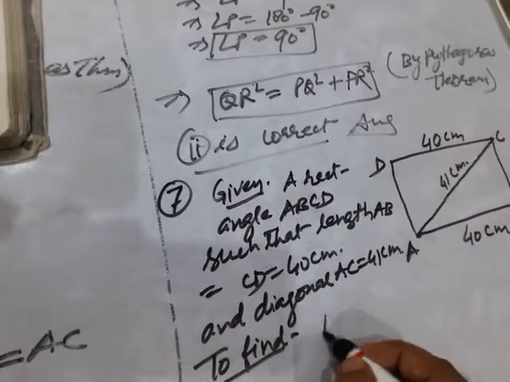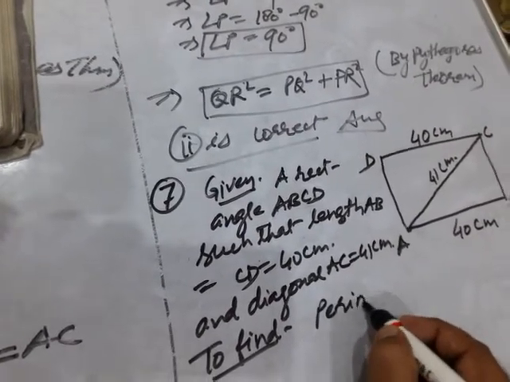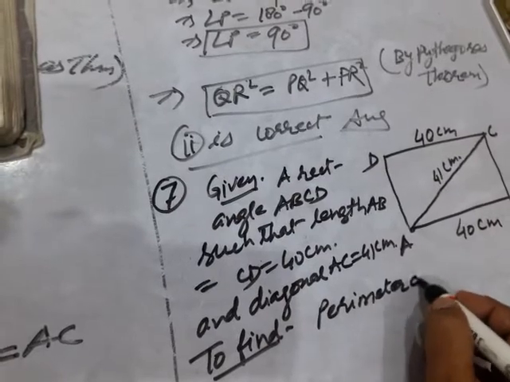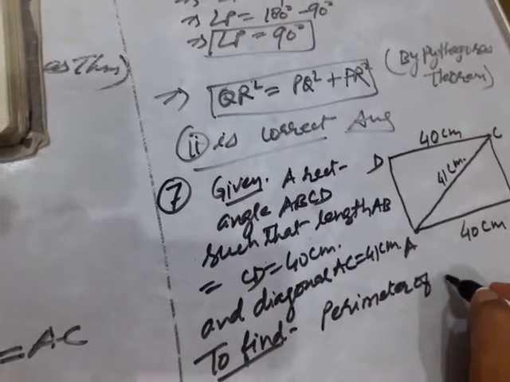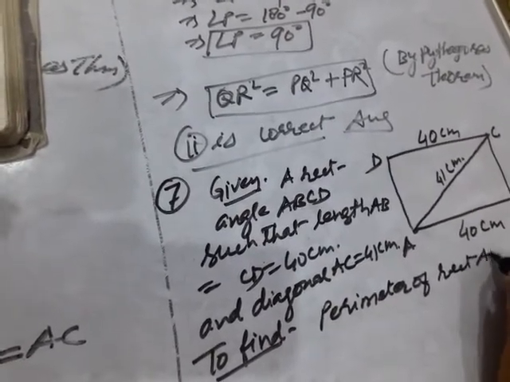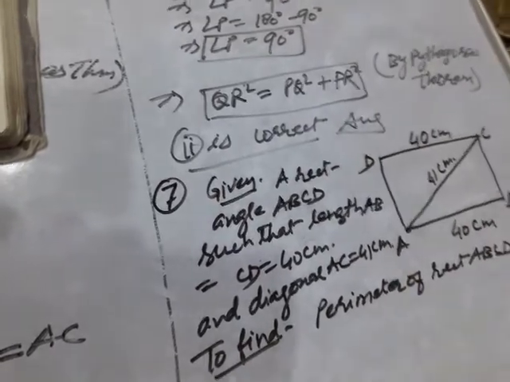Find the perimeter of rectangle ABCD. Let us find, children.